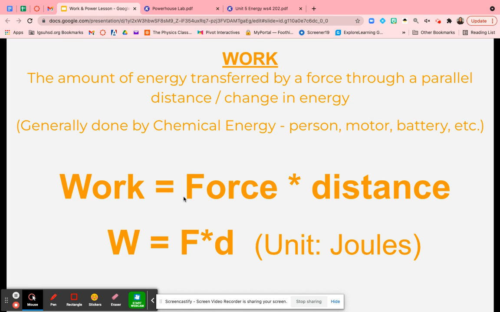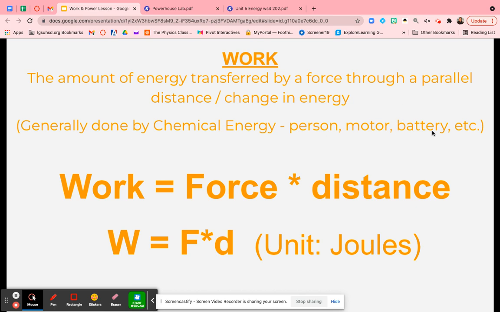Friction is applying a force opposite to the direction of motion, but the direction of motion is still parallel to that force. So anything that does work would be applying a force and moving an object in that direction, or in the case of friction, opposite of that direction. So things that generally do work is chemical energy, which you would think of as energy from a person, a motor, or a battery.